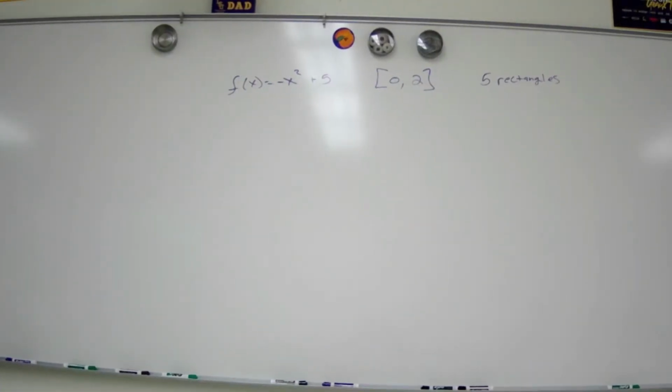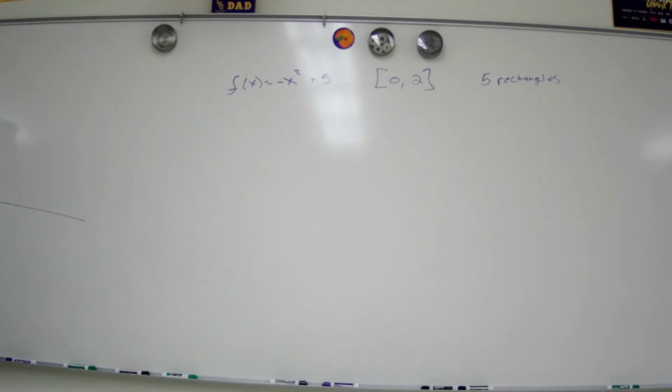Okay, so first thing I'm going to recommend you do as you're doing this, until you get used to it, is draw the picture. Negative x squared, what shape is that? X squared, what shape is that? It's a parabola. Negative means it reflects over the x-axis.